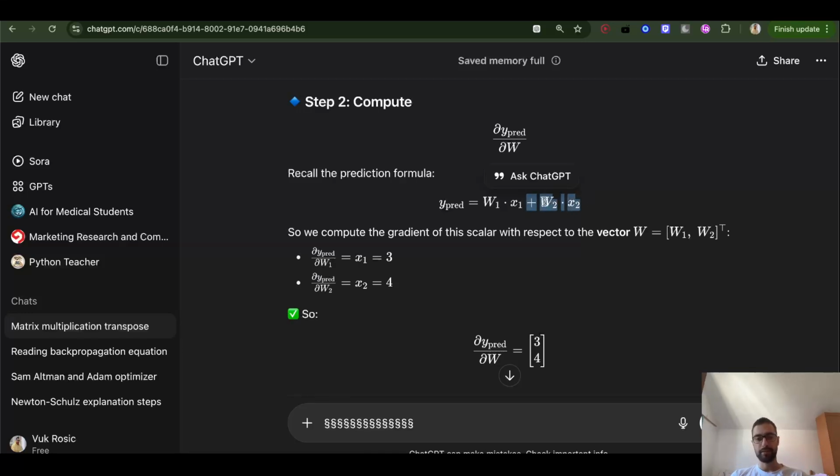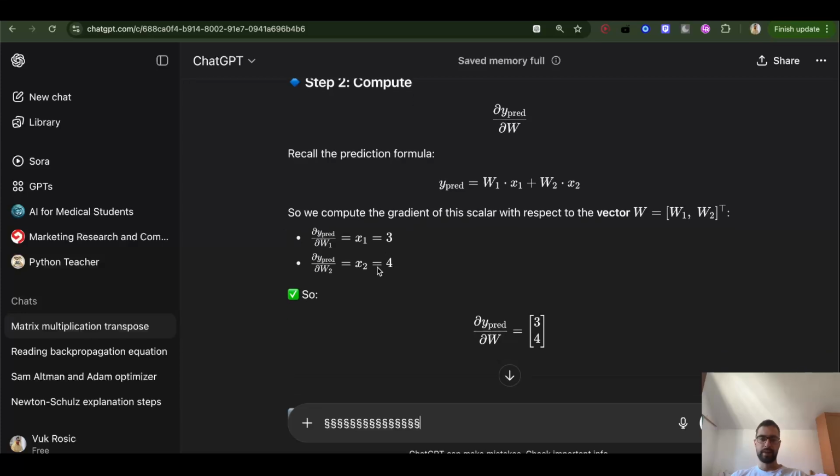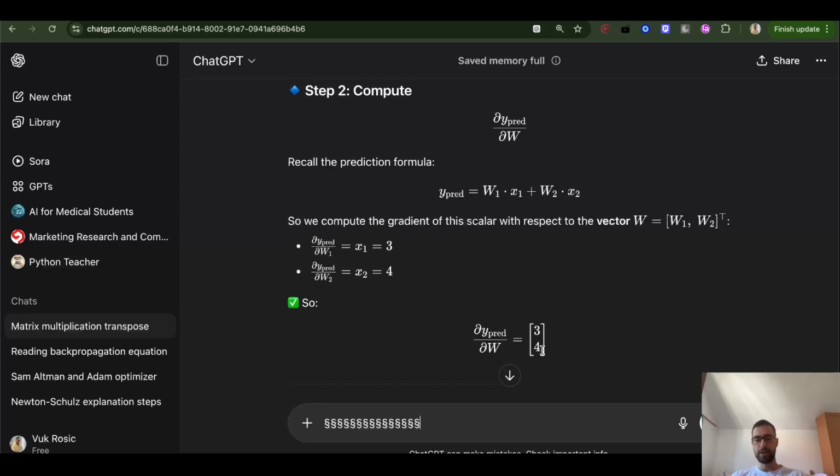The reason we look at this as a constant is because we are looking for the partial derivative of y pred with respect to w1. So only this term is a variable. So the derivative is going to be 3, 4. So the derivative of y with respect to w.